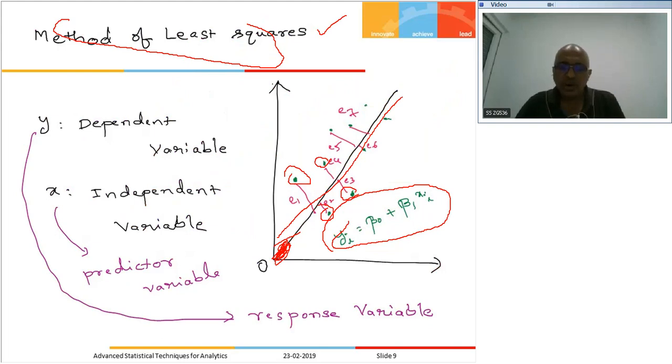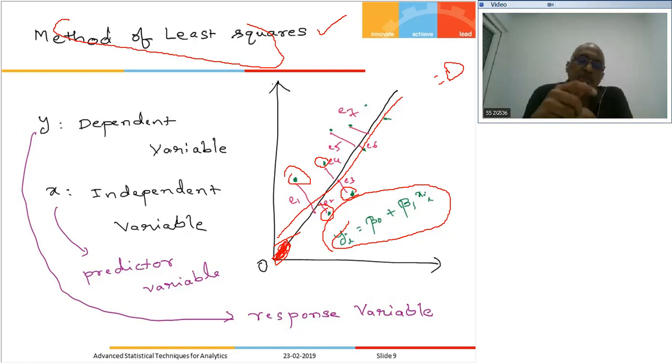If I sum all these, then error becomes 0. Error becomes 0 means the line or curve we have taken is passing through all the points exactly, but it is not real, because positive errors and negative errors get cancelled, so it is not giving the exact line we are looking for.